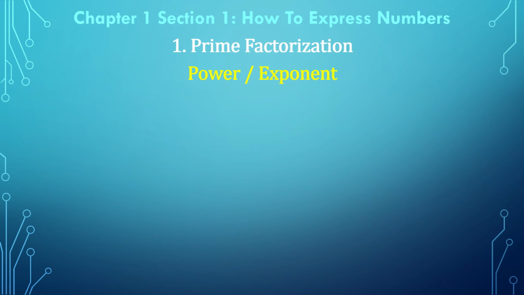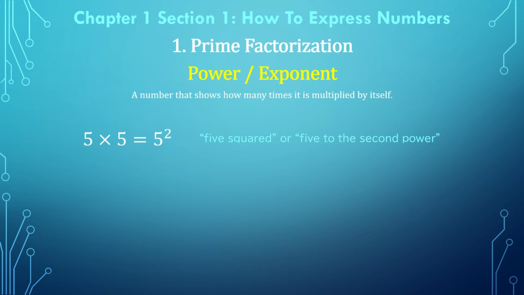Now, you need to learn about yet another new term, power, so that you can perform prime factorization completely. Power is a number that shows how many times it is multiplied by itself. Let's see actual numbers. 5 times 5 is written this way. It's read as either 5 squared or 5 to the second power.